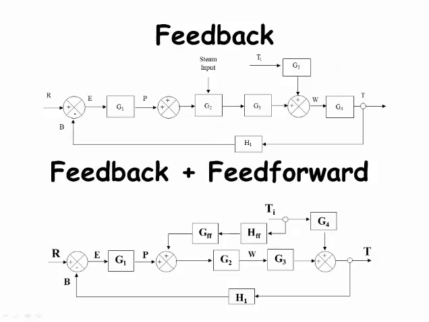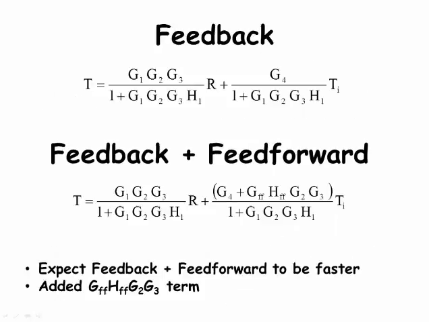Here are the two block diagrams. The one without feed-forward is on the top, and the one with feedback plus feed-forward is on the bottom. You can see where the feed-forward elements GFF and HFF are added, and how they use the inlet steam temperature to modify the signal to the actuator G2. Here are the two overall transfer functions.